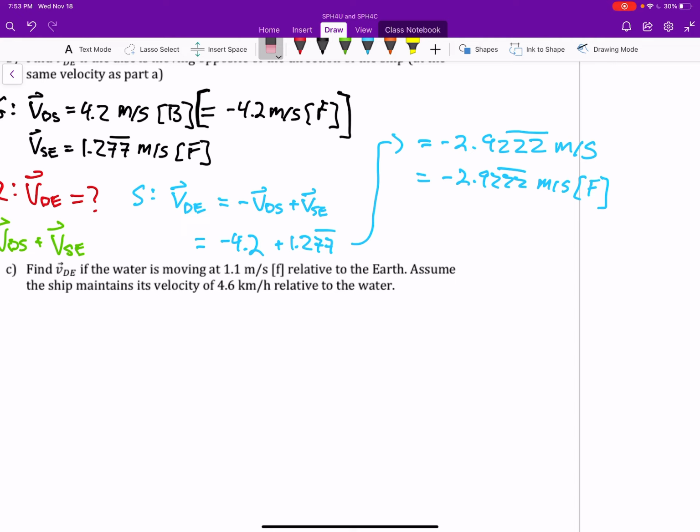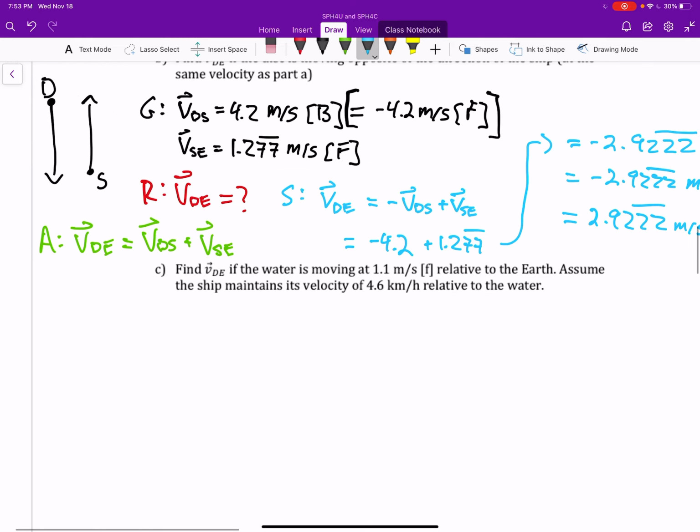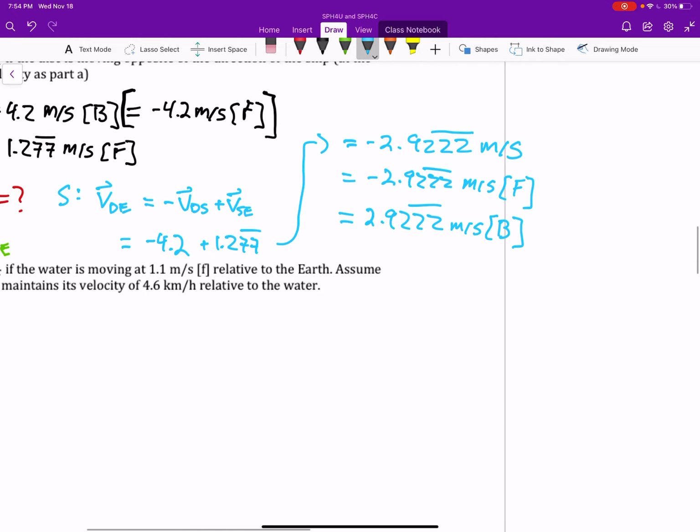That the negative magnitude points up, however, the positive magnitude, 2.9222 repeating meters per second, this positive magnitude is going backwards. So the resultant vector is that the disk appears to be moving backwards relative to somebody on the shore.